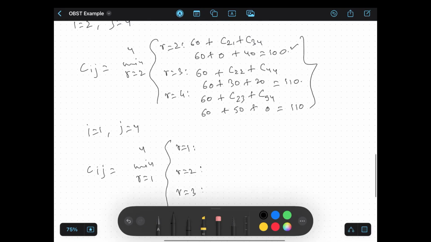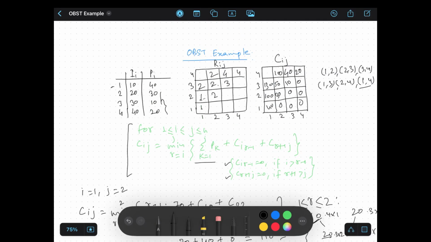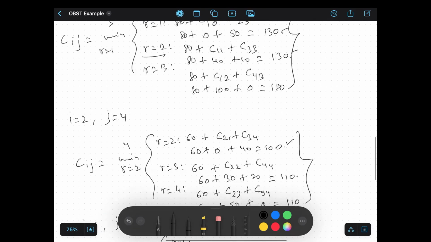Okay. Now the summation of probabilities from 1 to 4 is 40 plus 30 plus 10, which is 80, and 20, which is 100.